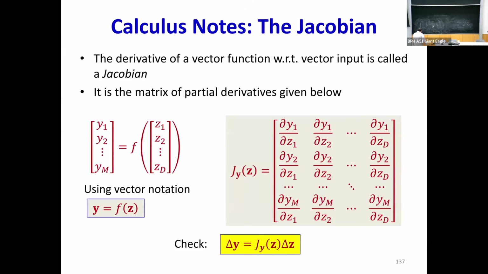So now let's take a special case. I have a special case where y is a vector, equals w times z. What is the Jacobian of y with respect to z?